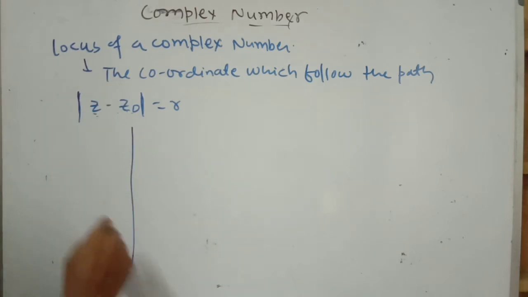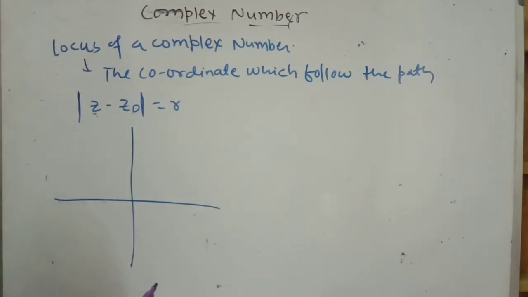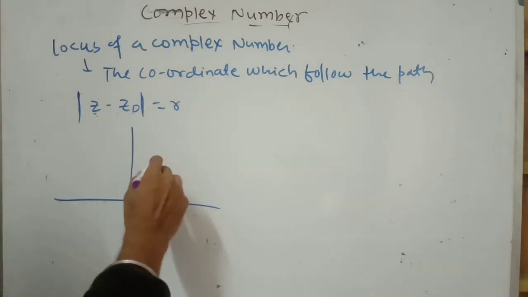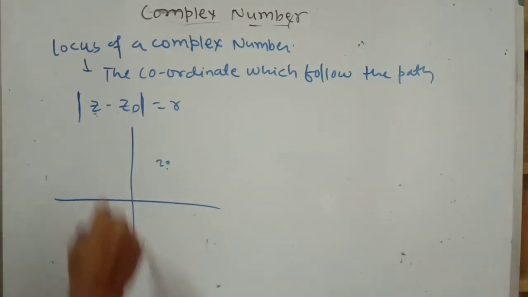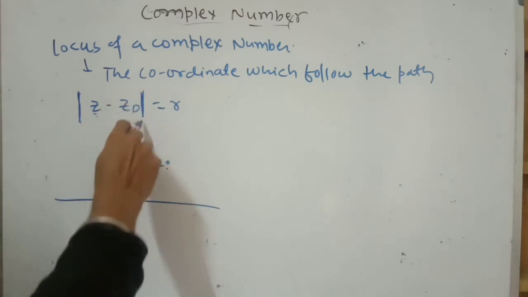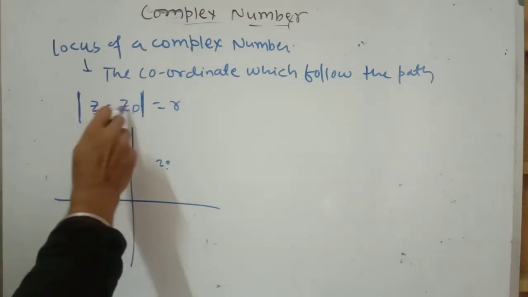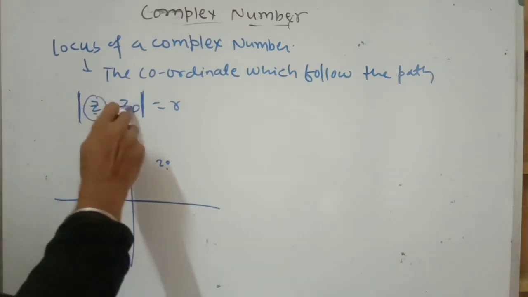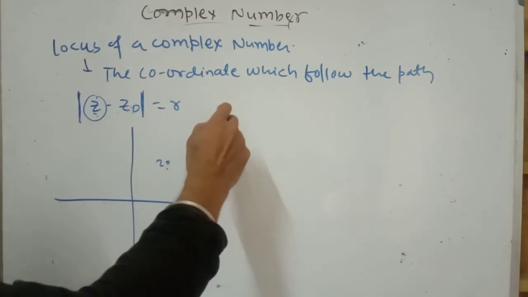That means when you draw the Argand plane, let me consider here is the z naught. And the modulus represents what? Distance. Distance of what, from where? Of z from z naught. So let me consider this is z.